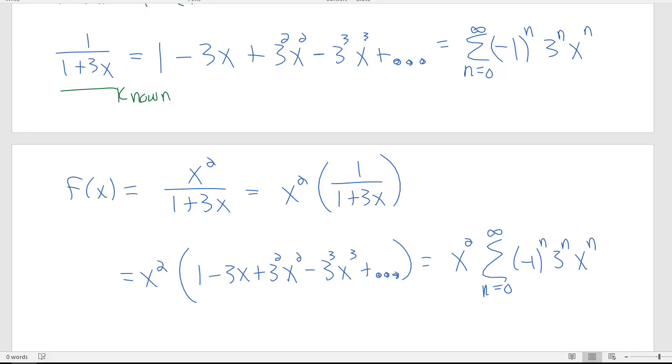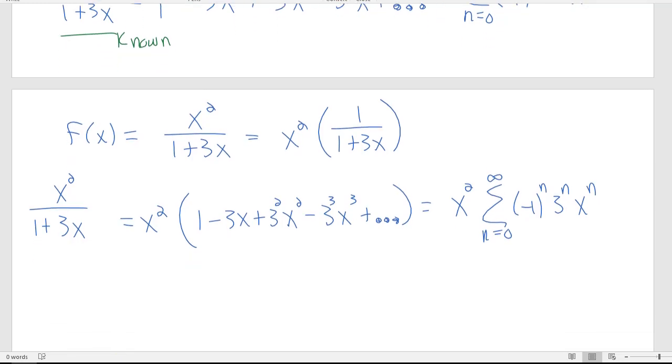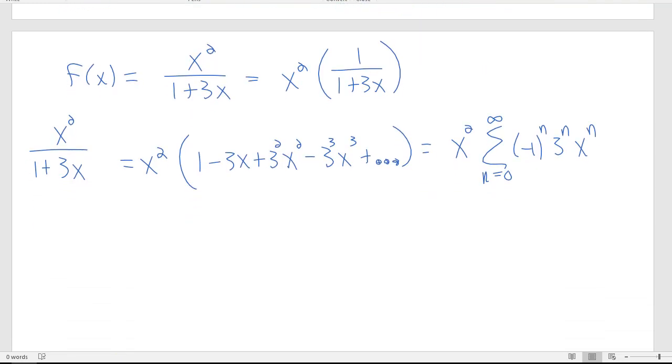So x squared over 1 plus 3x has this power series representation: x squared times 1 minus 3x plus 3 squared x squared minus 3 cubed x cubed plus so on and so forth. Now check this out. Look how we can simplify this. When I look at x squared times, in parentheses, this infinite polynomial, I know through the distributive property of multiplication that I can distribute x squared to every term in this infinite polynomial.